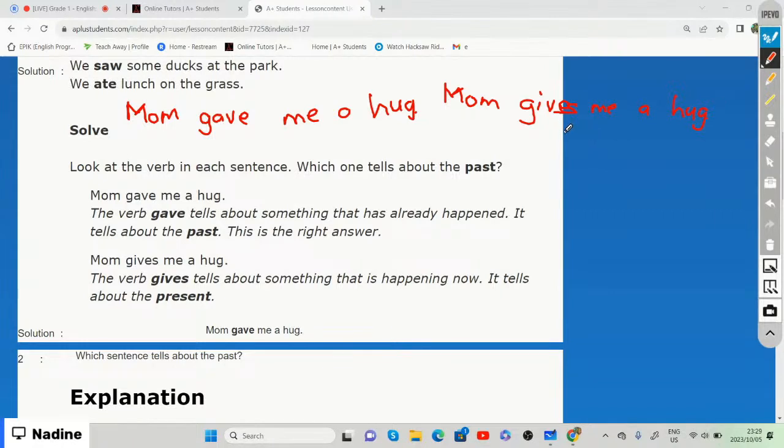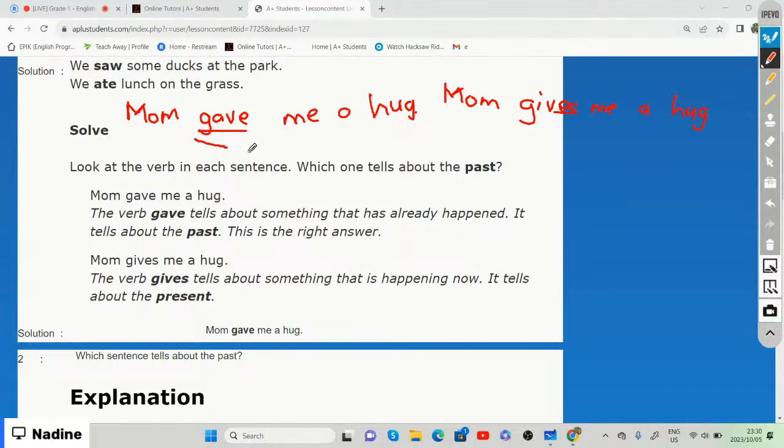So we need to say which word is in the past or tells us about the past. Is it "Mom gave me a hug" or "Mom gives me a hug"? So if we look at the verb in each of the sentences, and find the verb that tells us about the past, then we can say it is "Mom gave me a hug."